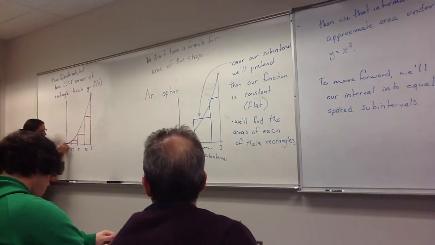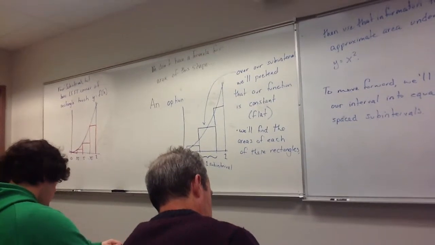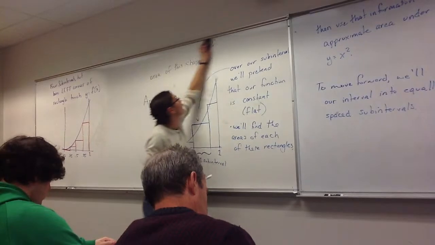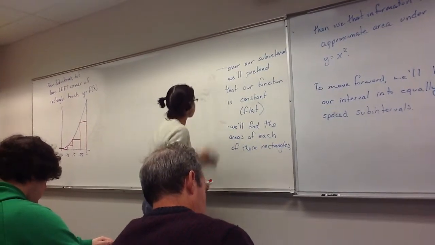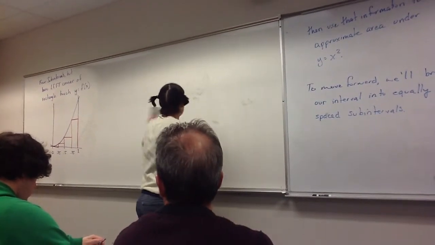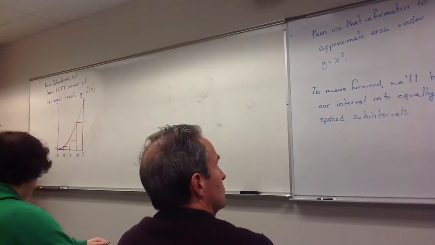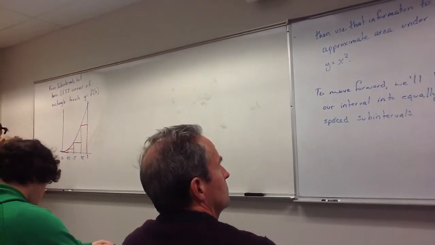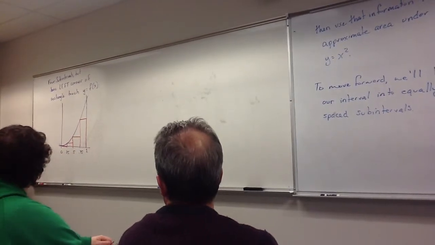So my last rectangle actually has an area of 0. Okay, so here's my picture. I now have 4 rectangles. One of them is what's called a degenerate rectangle because it's totally smushed down and there's no height to it, but it's still technically a rectangle, just a little funny looking.